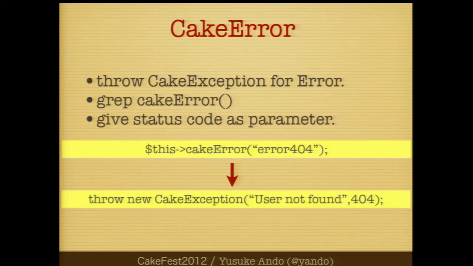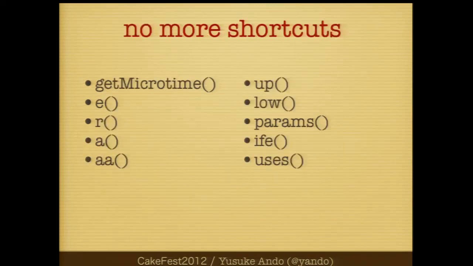That's what I did. And also shortcuts. Actually, I don't know why this shortcut got removed, but since Cake 2, this shortcut function was removed. So if you are still using these shortcuts, you need to replace them with a more normal way.